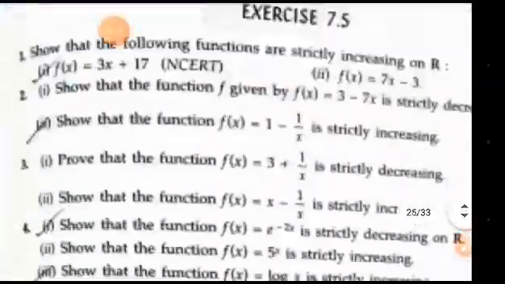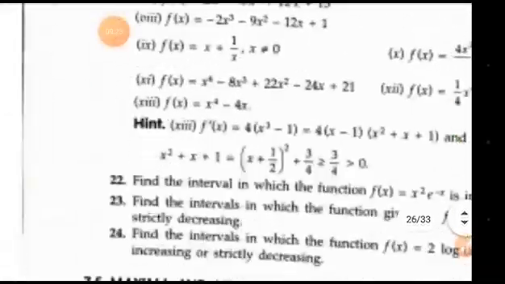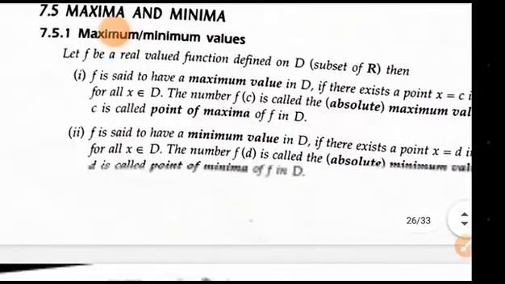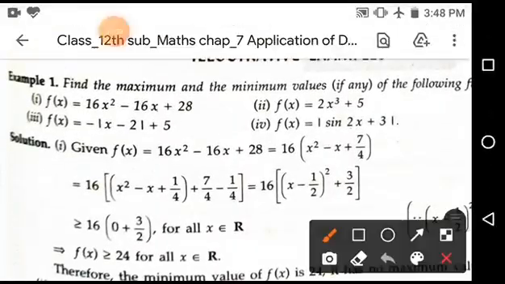Now student, now see here, we will solve some questions of maxima and minima. See, find the maximum and minimum values of the function if any, and the first part is f(x) = 16x square minus 16x plus 28.